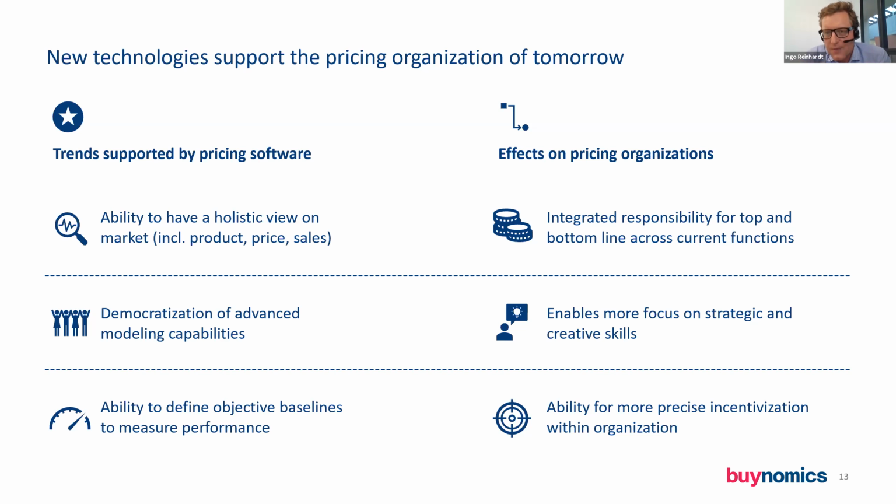And I think this will lead to a stronger integration of responsibilities, more towards revenue management in organizations, meaning that you have someone responsible across product, price, and sales in the end. This is one thing we expect.